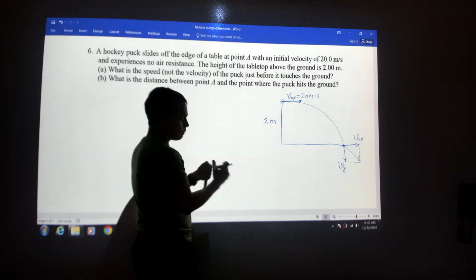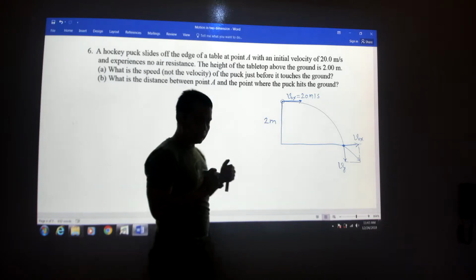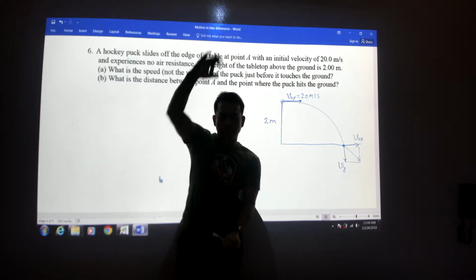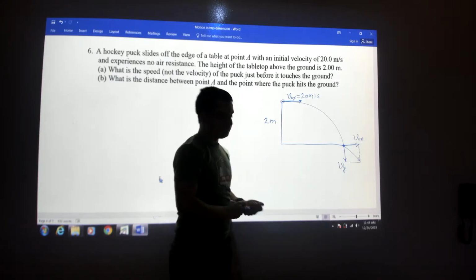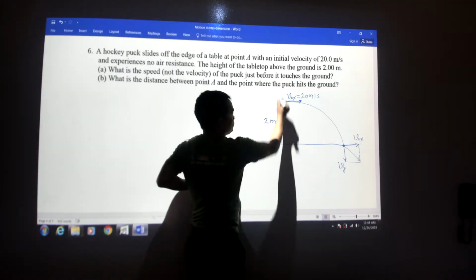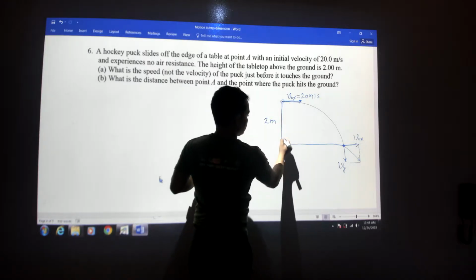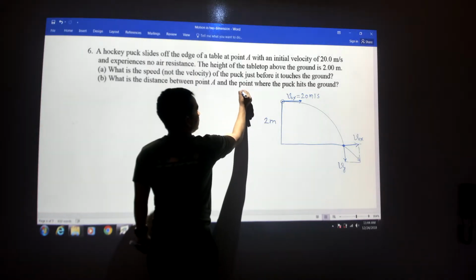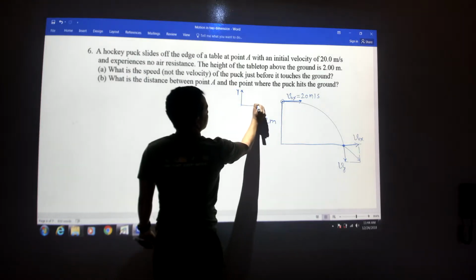So we can think of this problem as two independent problems, one along the x-axis and the other along the y-axis. I'm just drawing here. This is y, and this is your x-axis.